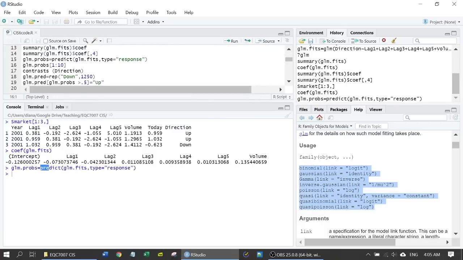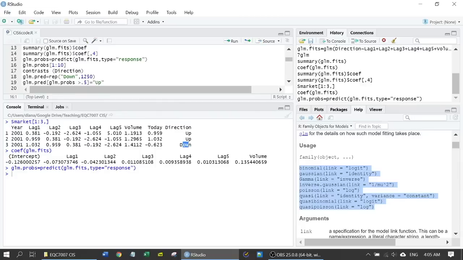Okay, that is what we are going to do here. We use the predict function on glm.fits, which means you tell R, hey, I have this model glm.fits, and I want you to predict based on this model, where type equals response is when you want it to tell you the probability that it is going to be up instead of down.